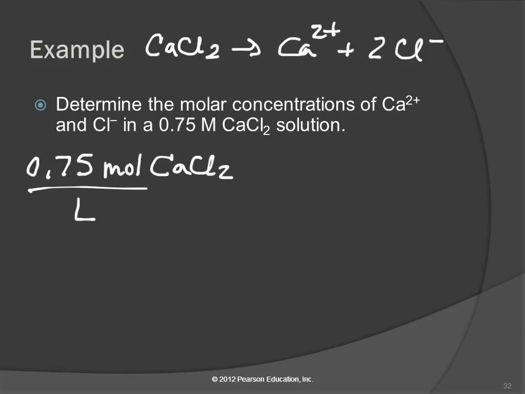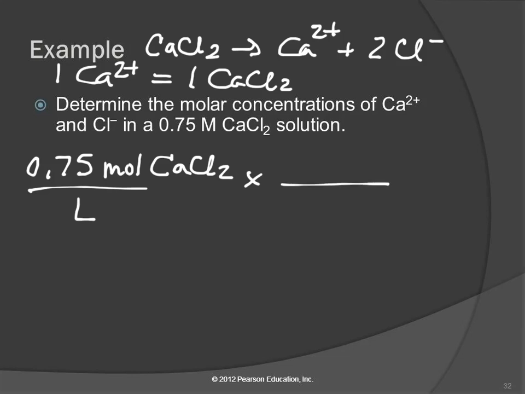Well, if I want to know the molar concentration of calcium ions, I can look at the formula and ask myself, how many calcium ions are in one of these units? Just 1, right? There's 1 calcium ion in 1 calcium chloride. It's from the formula, the subscript here. So we could use that as a conversion factor.